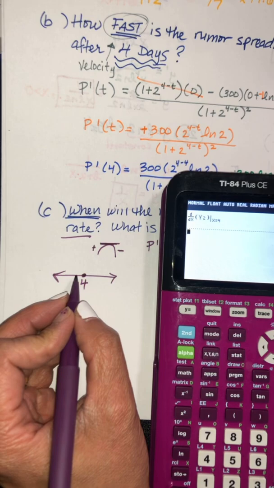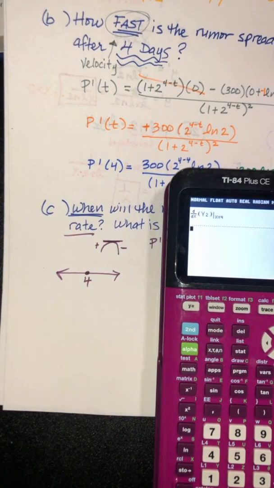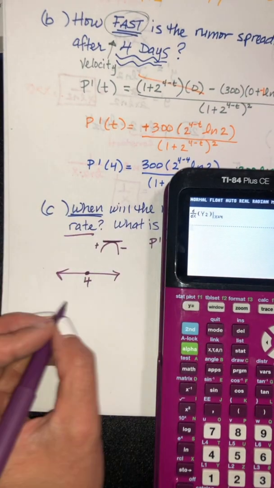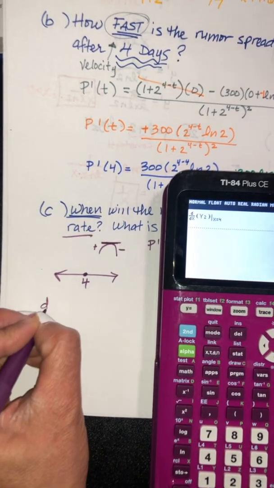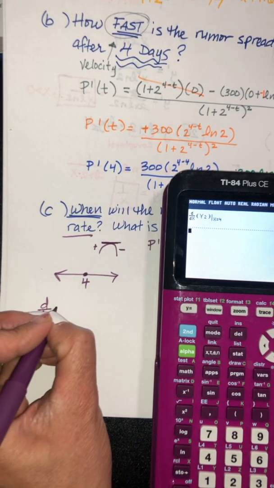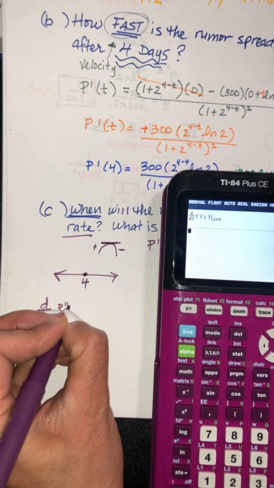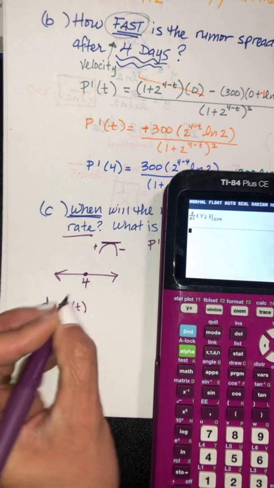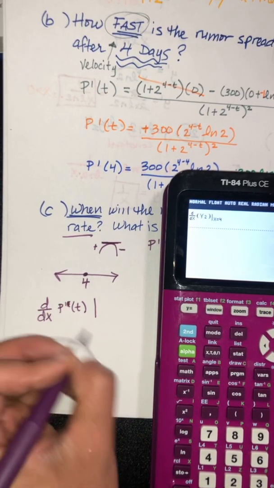Okay, so let's test some numbers before the 4 and after the 4. So let's try setting x equal to 0 and see what happens. So to write down what we're doing, we did d dx of p prime of t.